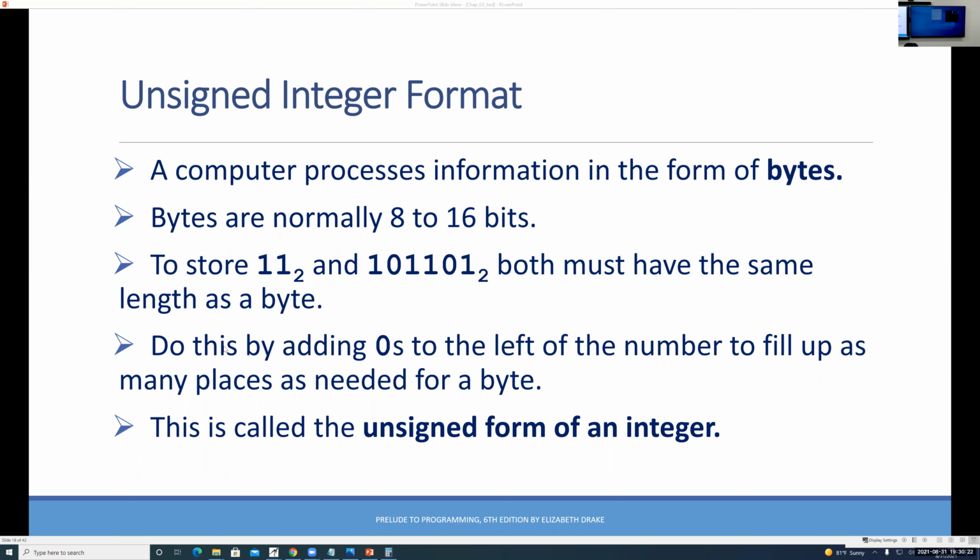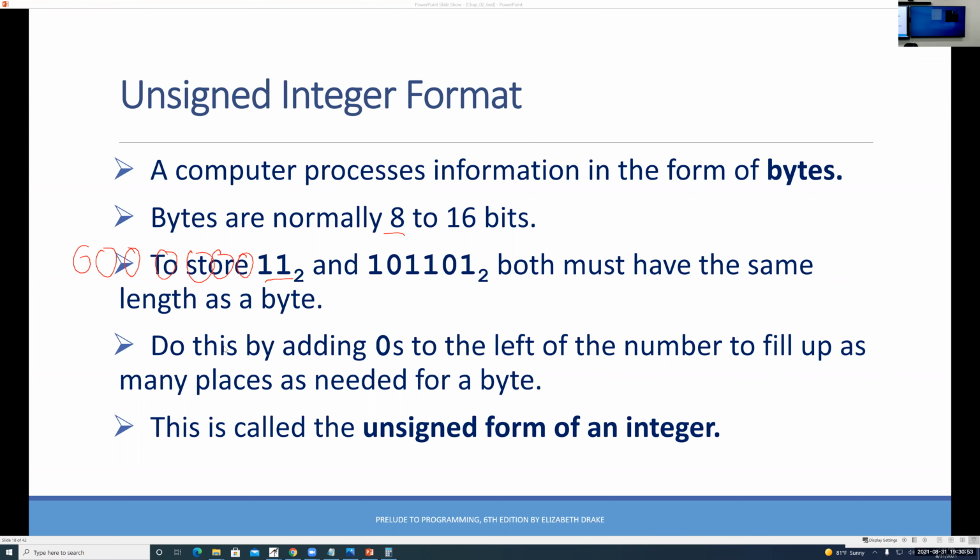So in order to store 11 and 101100, they have the same length because you have to make them up to the 8 bits. To do that, you add 0s to the left of the number to make it up to 1 byte. For this one, you only have a 2-digit number, so to store it in 1 byte of 8 bits, you have to insert six 0s on the left to make it up to 1 byte.